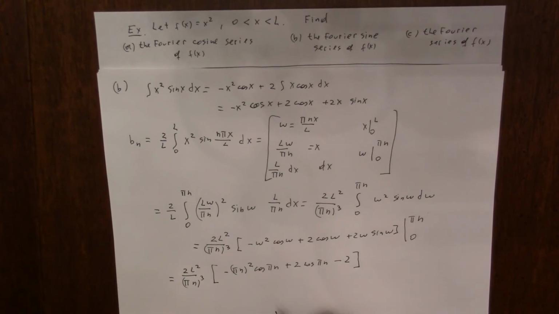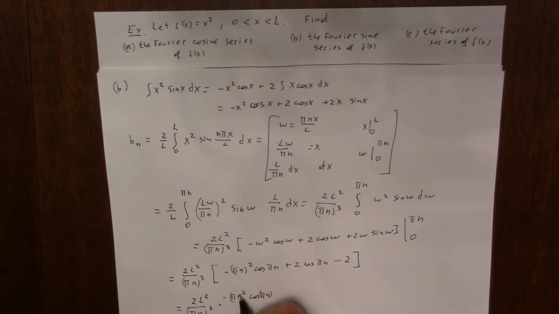I'm going to distribute multiplication, so we're going to get 2L squared over pi n cubed times negative pi n squared cosine of pi n.